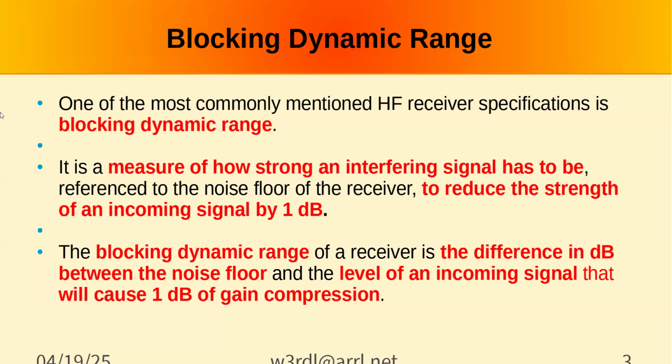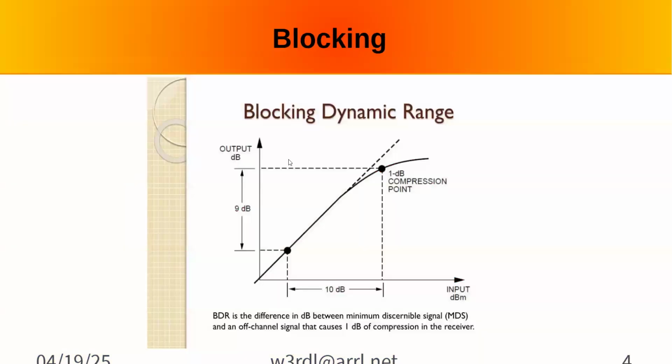Effectively, it's the useful amount of dynamic range you have on the receiver, because once you get up to the point where you're starting to compress the signal, you really don't gain anything. There's a little diagram showing normally if you didn't have any compression, you'd follow this line up to infinity, which in the real world you can't do.